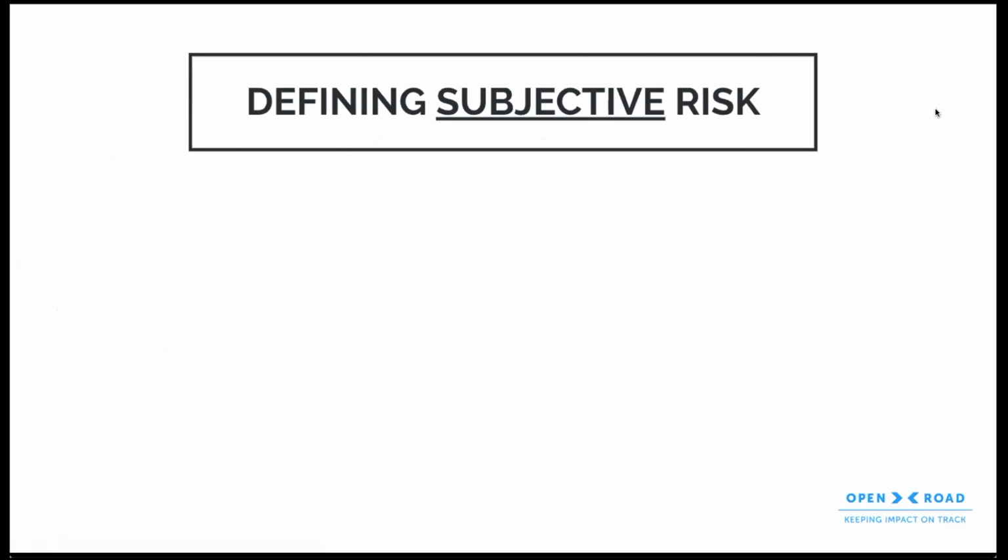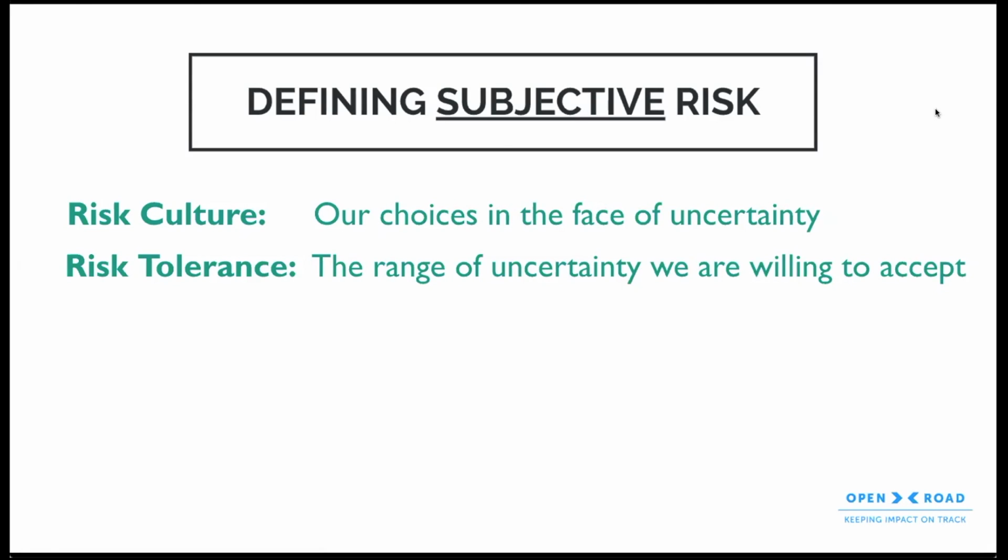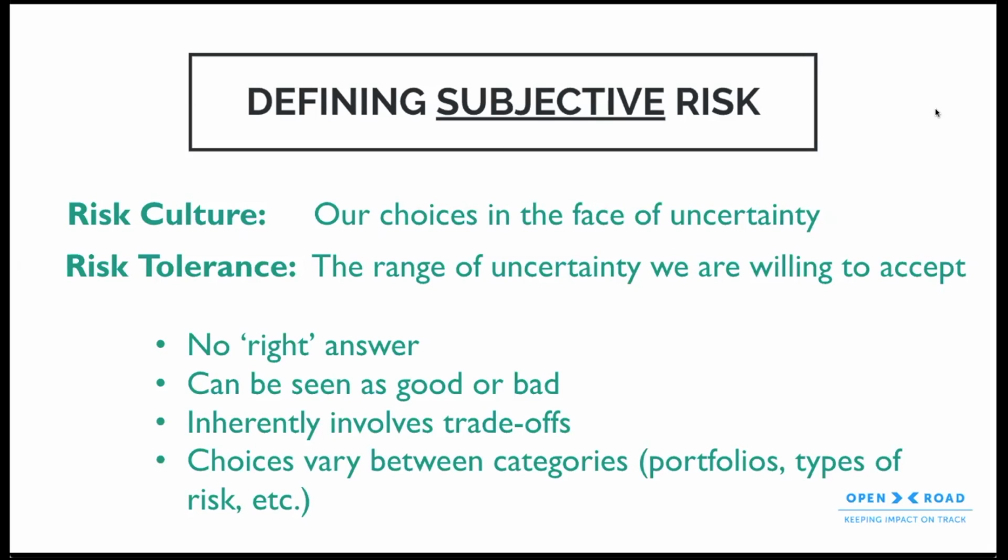So just a quick overview, defining subjective risk. Again, risk culture is about our choices in the face of uncertainty. Risk tolerance is the range of uncertainty we're willing to accept. And the important thing here is that it is subjective. There's no right answer. And in fact, these choices can be seen as good or bad. I'm sure we've all heard the call in philanthropy that funders should be risk takers, right? We are the risk capital in society and in the market.